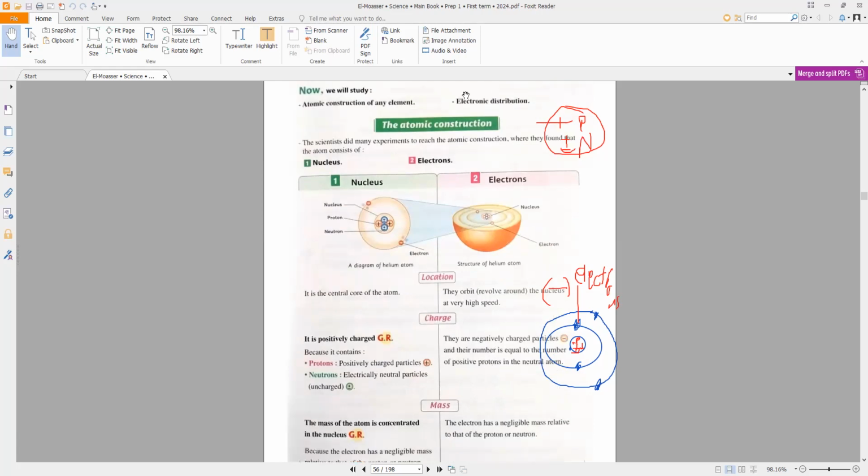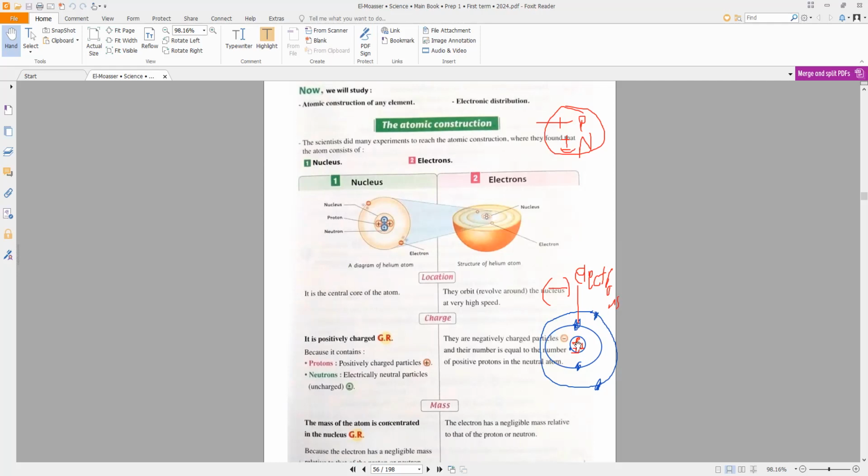So the location: I said the atom consists of two parts, nucleus and electrons. The nucleus is in the central core of the atom. Electrons revolve around the nucleus in fixed orbits. Okay, this is the location. The charge of the nucleus is positive charge.